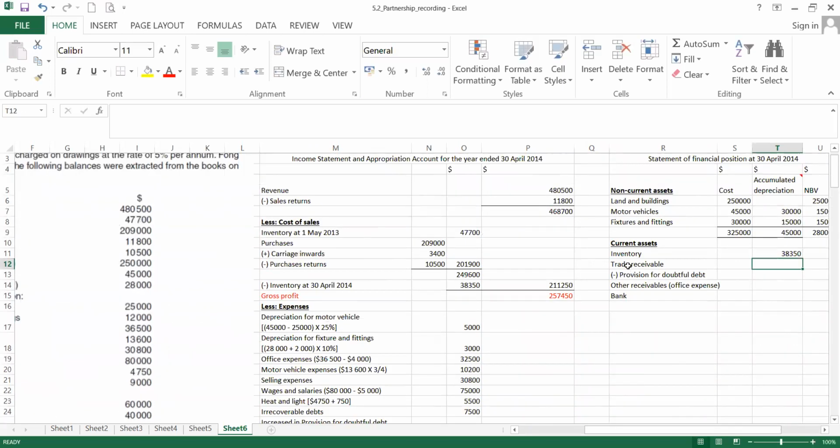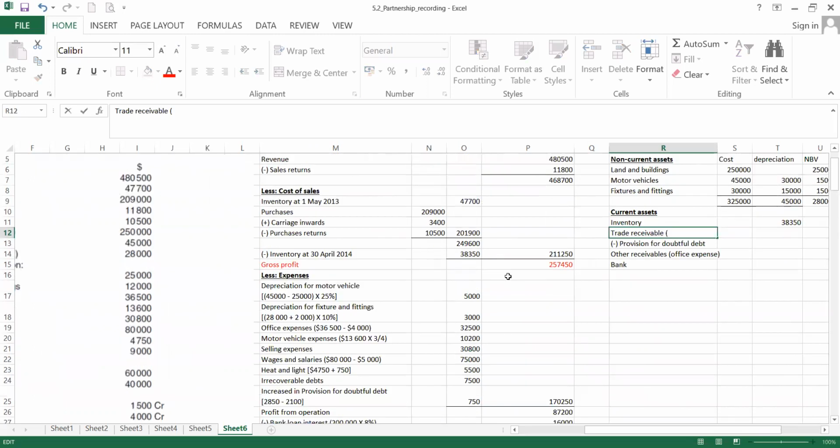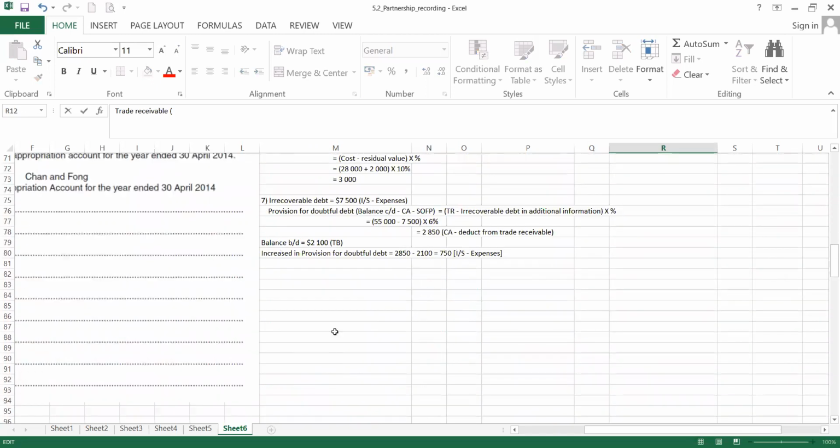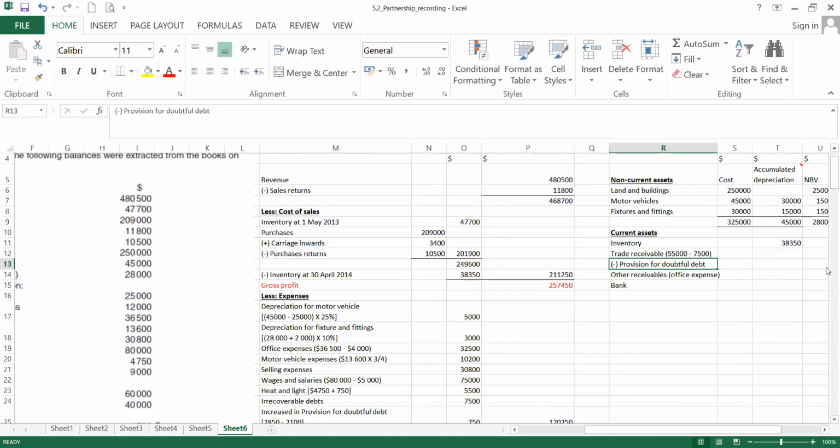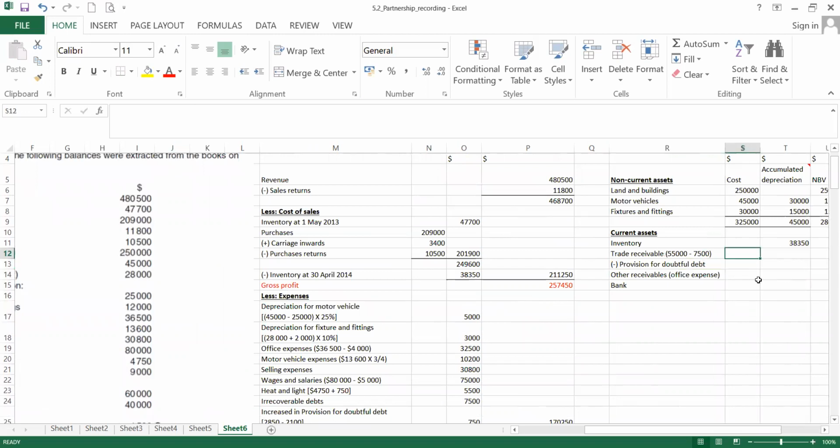For the trade receivable, take note that because there is a change, the irrecoverable debt in here, 7,000. So you have to take the original amount, 55,000 in the trial balance, minus 7,000. So this is the new amount for the trade receivable.